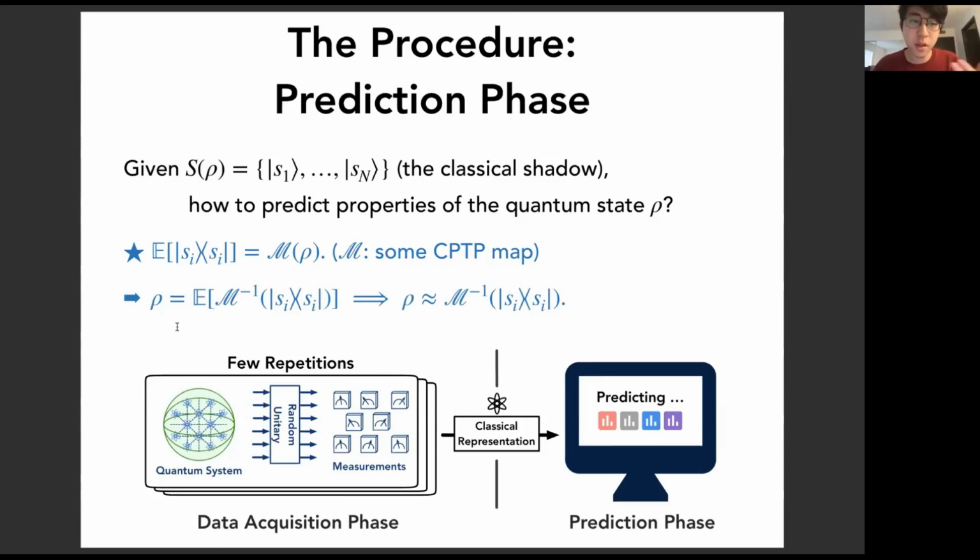We have this linear inversion estimator of rho being equal to the expectation value of M inverse applied on S_i. Which means that if you do one single shot measurement, this matrix would be close to our original quantum state rho. So we can use this to predict properties of the original quantum state.